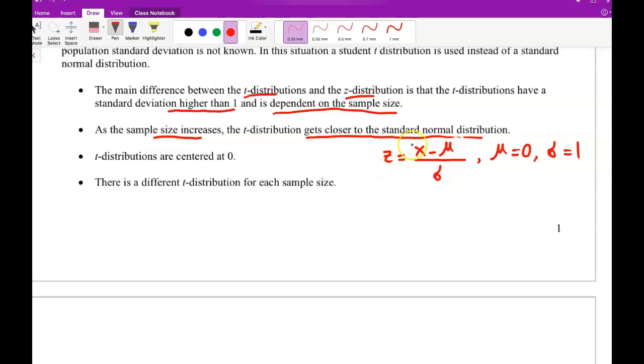So when the sample size increases, the distribution gets closer to a standard normal distribution.